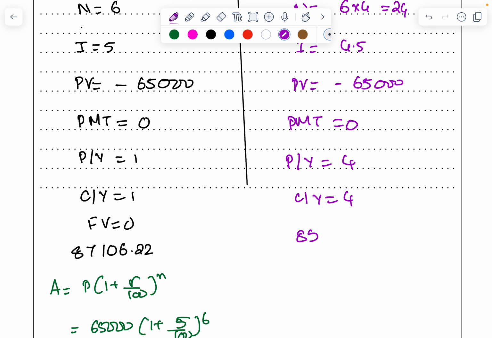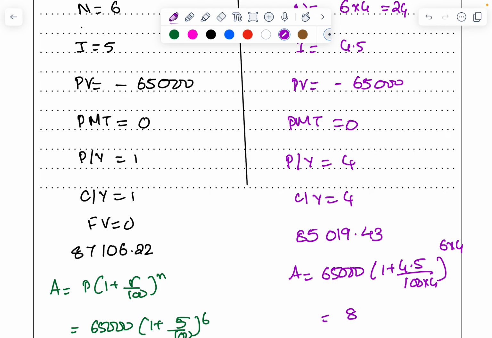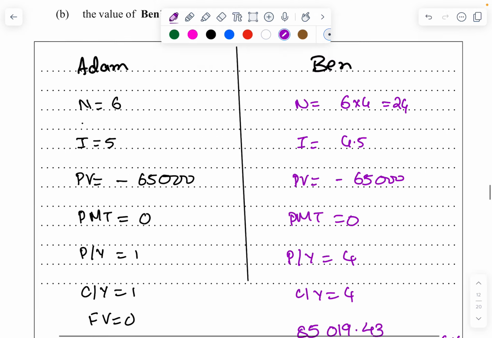Now when you do that, the value is 85,119.43. By formula, 65,000 times (1 plus 4.5 divided by 100 times 4) to the power of 6 times 4, you are going to get the same answer. Always keep money in two decimal places.